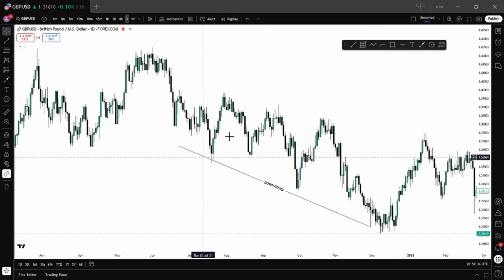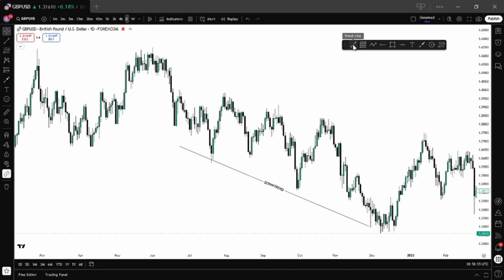Alright, so what does that tell us? That tells us that this is our retracement, this is our impulsive, retracement, impulsive, retracement, impulsive. That's for the downside.